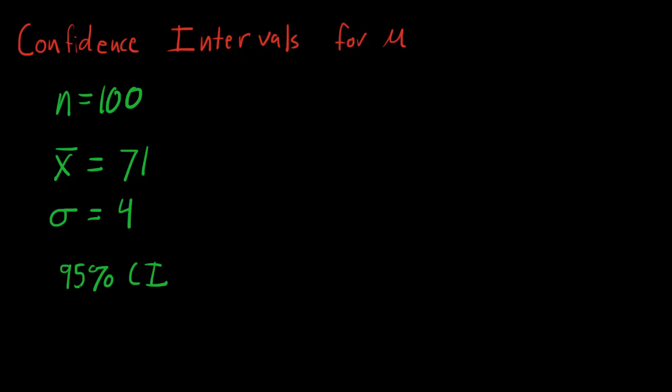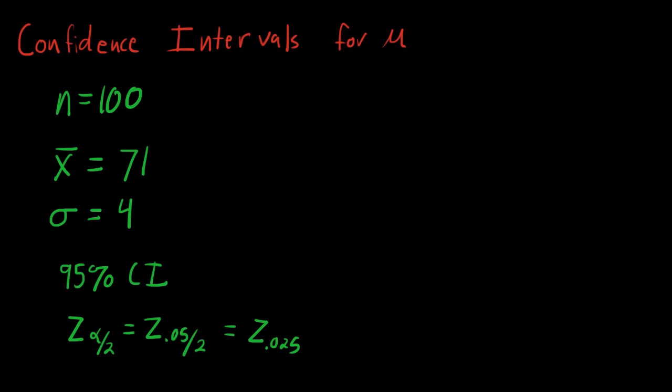So first of all, if we're creating a 95% confidence interval, that means our alpha, or our error, is equal to 5%. So we're going to be searching for a z value of alpha over 2, which is equal to z of 0.05 over 2, which is going to equal z of 0.025.